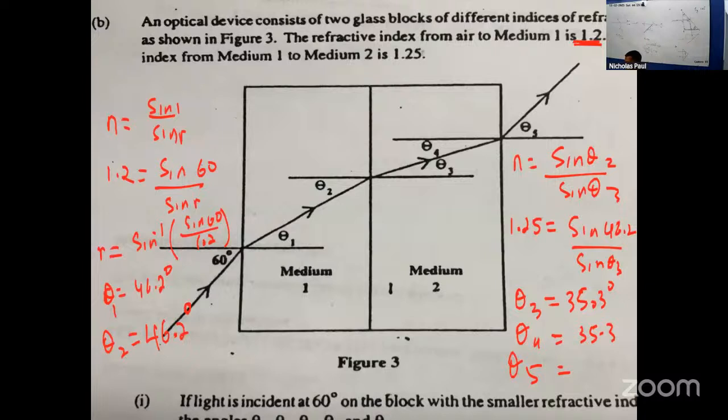That's the angle of what? Angle of emergence. Angle of emergence here would be 60 degrees.